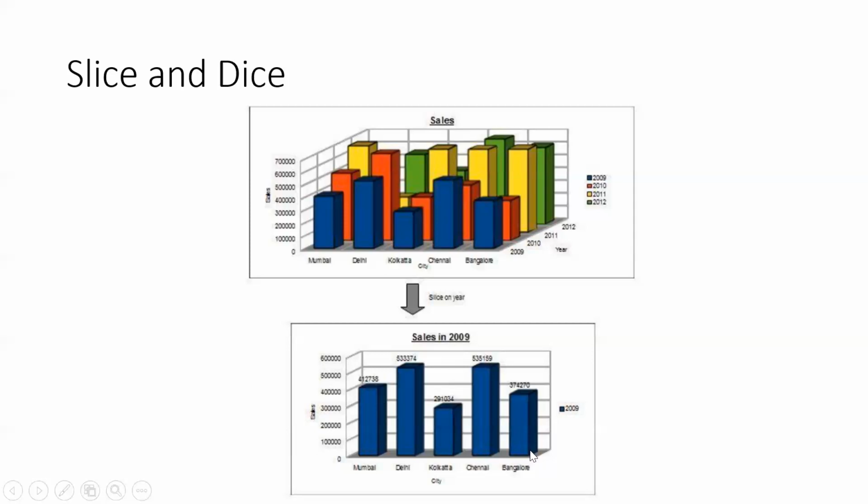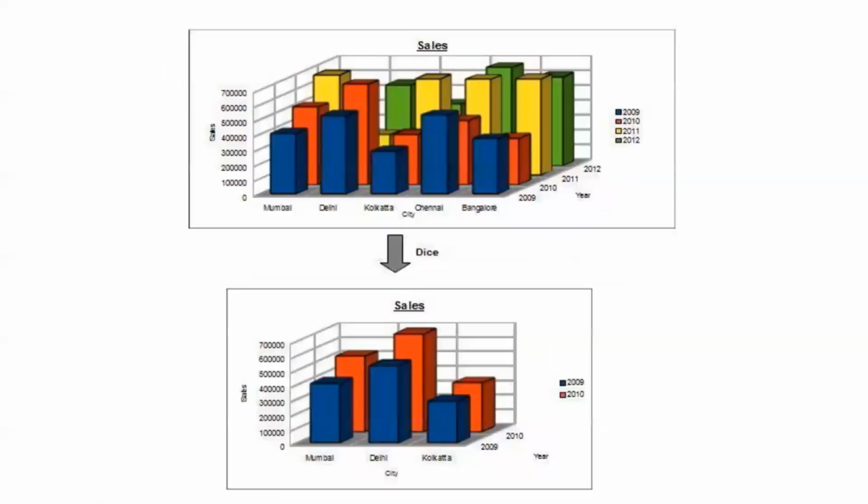We are choosing a particular dimension, that is a particular year, and we can check the data. Here we are dicing it. We are choosing two different years, and we are also putting a filter on the cities. We are not showing all the cities over here. Rather, we are checking only Mumbai, Delhi, and Kolkata.